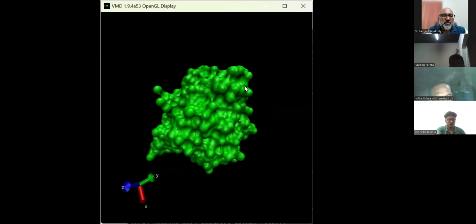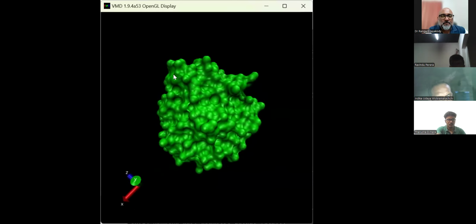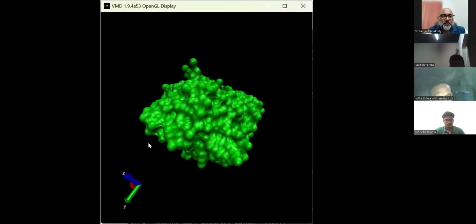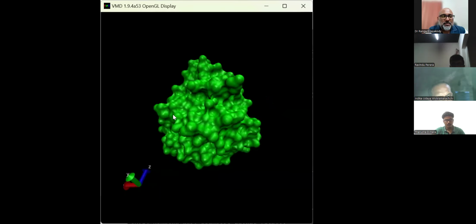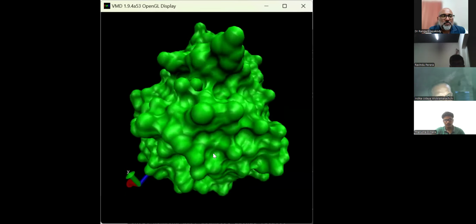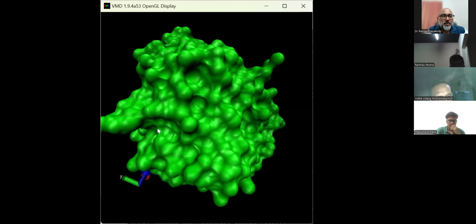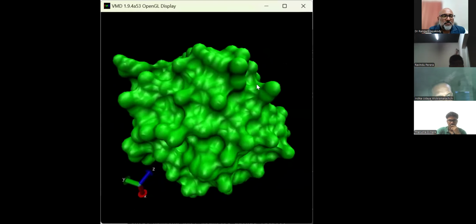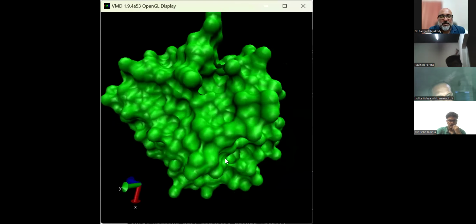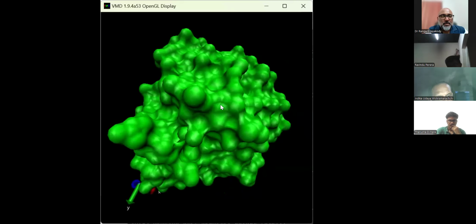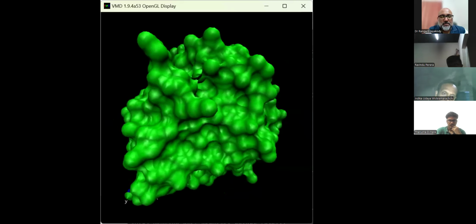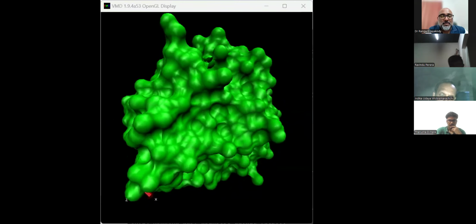This is a specific application to visualize biological molecules. Now you can see it's a three-dimensional shape over there. Right. So this is the functional form of a protein. This is how a protein would look. And then if you want to see the amino acids in that, I can show them.